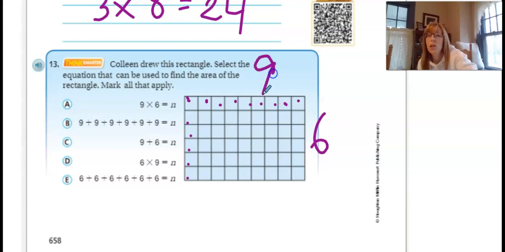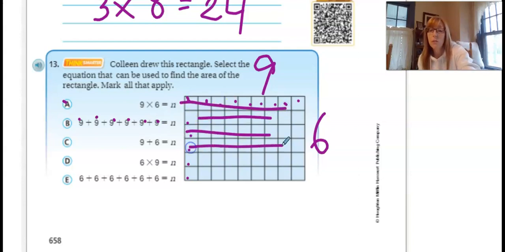So we know our two numbers we're using to multiply or do repeated addition would be 6s and 9s. Okay, so 9 times 6, does that work? That does work. All right, so that one works. How about 1, 2, 3, 4, 5, 6? Well, we have one group of 9, two groups of 9, three groups of 9, four groups of 9, five groups of 9, six groups of 9.